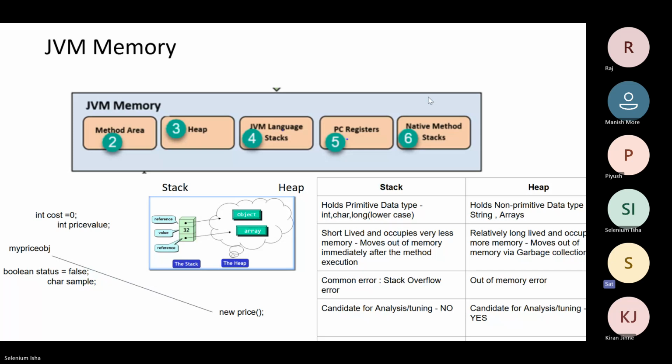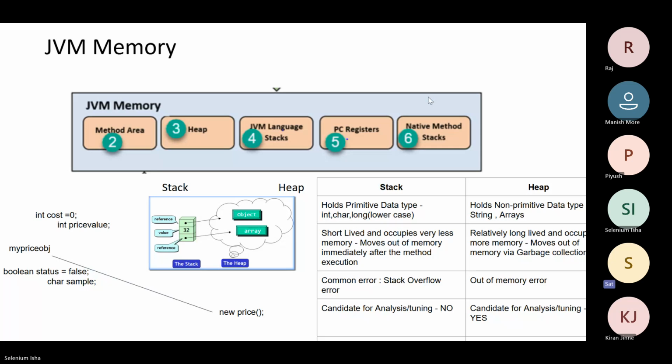Now there's one more additional thing that you need to remember. For every variable that is getting stored in the heap, there will be a mapping to a stack with an address, an address or a reference.